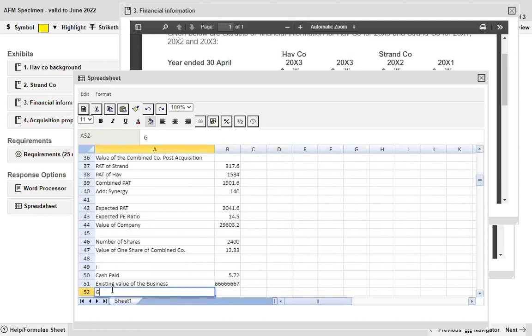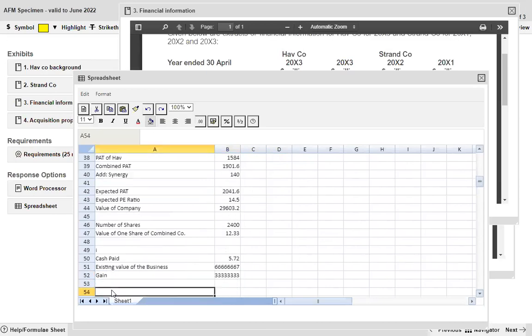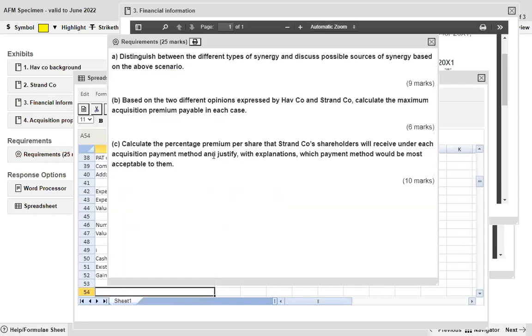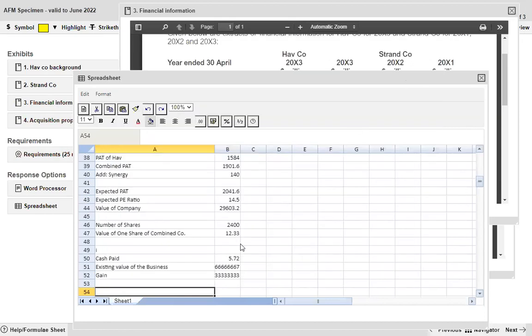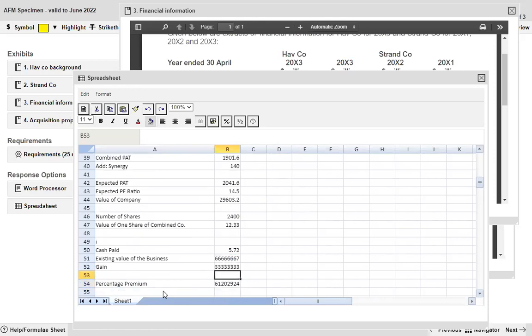So hence the gain is going to be like this. So is he asking us to calculate the percentage premium per share? Yeah. Percentage premium is going to be what? This divided by this. So I could just say this to be percentage.